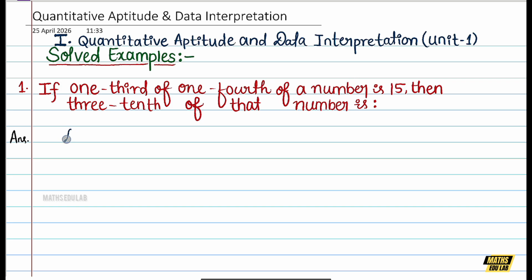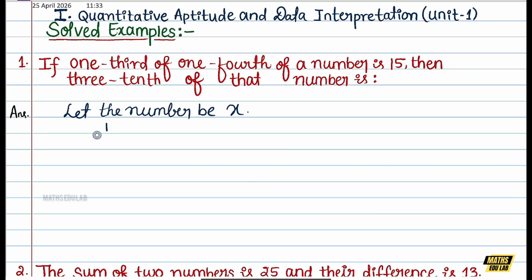So let the number be x. Okay, let's consider the value to be x. So it is said that 1/3 means 1 by 3, of means multiplication, 1/4 means 1 by 4 of a number.